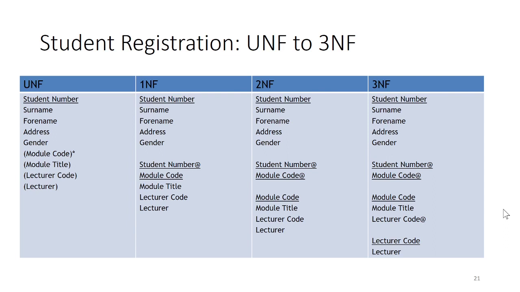And then from second to third, again, we check the dependency of non-key attributes on other non-key attributes. And this makes new groups of attributes, the module code and lecturer code.